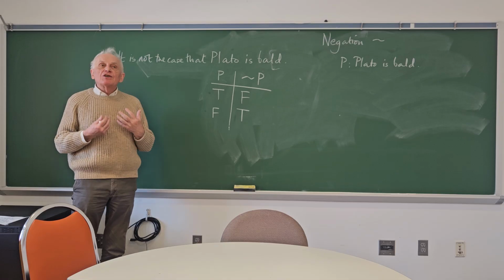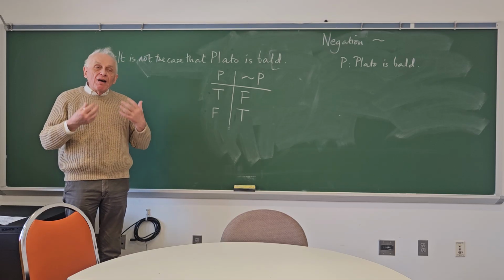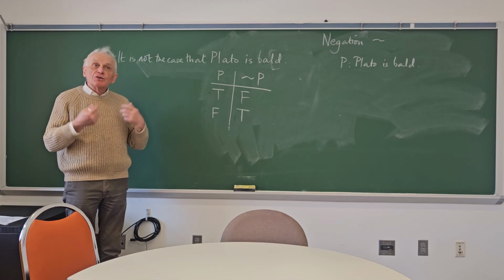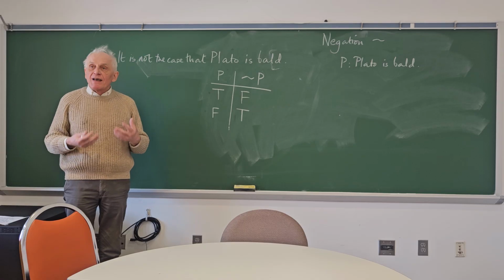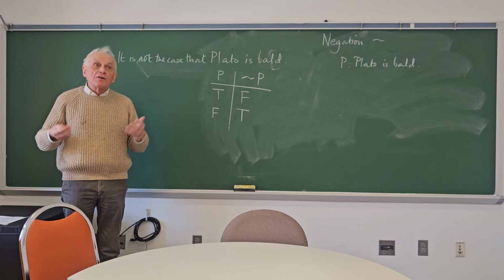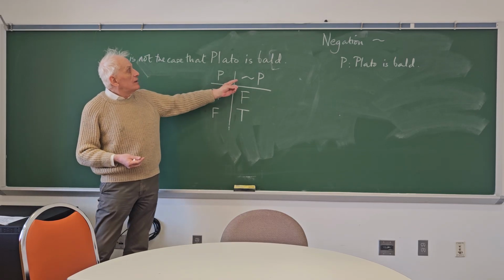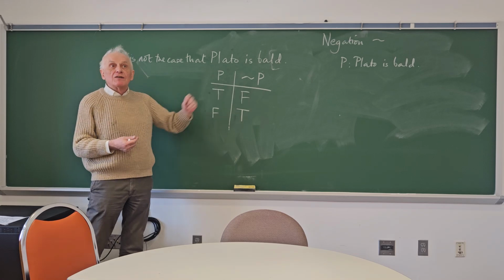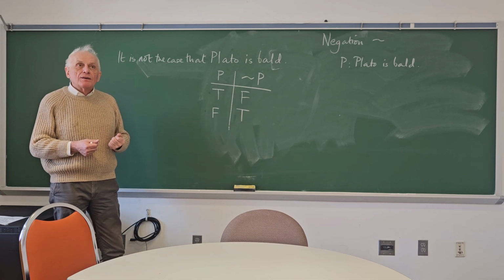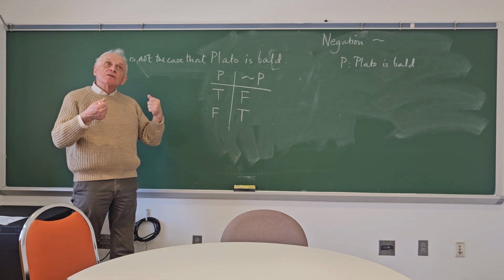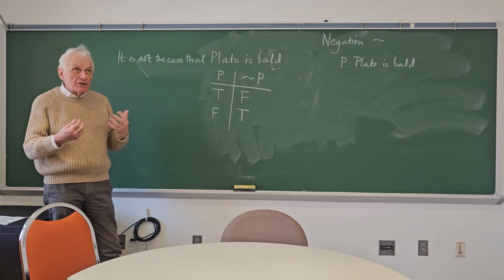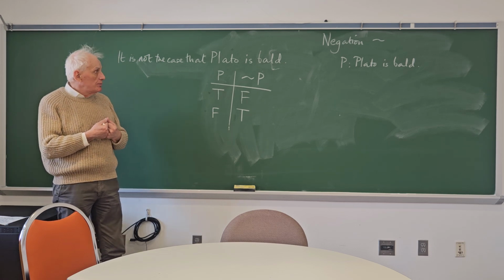So truth functionality, the fact that a logical operator is truth functional, shows up in the fact that all you need to know the truth value of the sentence involving the logical operator is the truth value of the sentence to which it's applied. That's what makes negation truth functional.